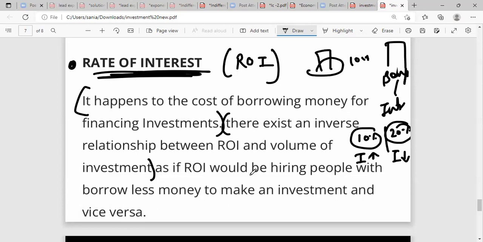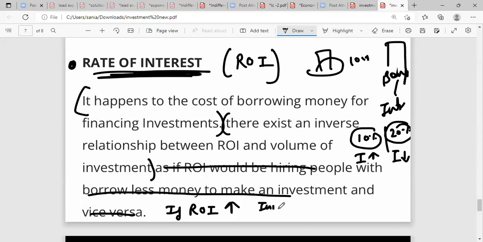Just don't write this, just write your thing: if ROI, rate of interest, is high, the investment will be low, and when ROI is less, investment will be high. Clear? So what is rate of interest?